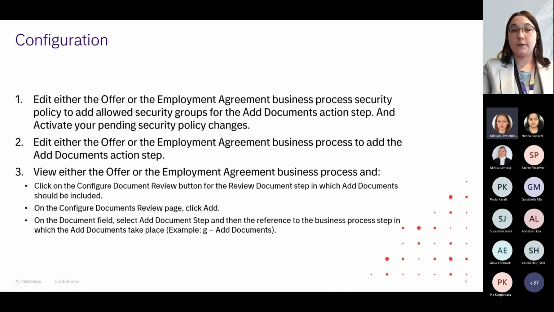Here you can find the configuration steps, and regarding the offer and employment agreement business processes, you can have one or the other configured into your tenant. So this will work the same either on the offer business process or the employment agreement business process, whichever you have in use.